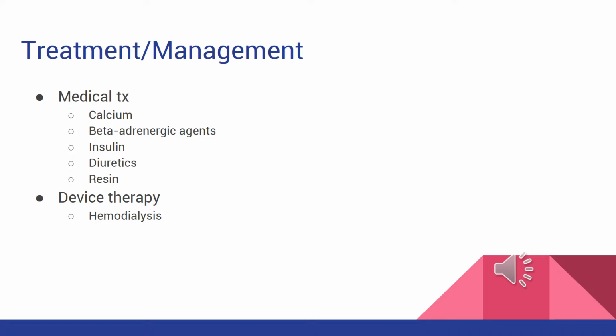And these can help with excreting the potassium out of your kidneys faster, as well as resin, which you can take by mouth to help it bind with the potassium, allowing your body to remove the potassium during your bowel movements. And then there's device therapy such as hemodialysis, which uses a machine to remove waste from your body, including excess potassium when your kidneys can't filter your blood effectively.